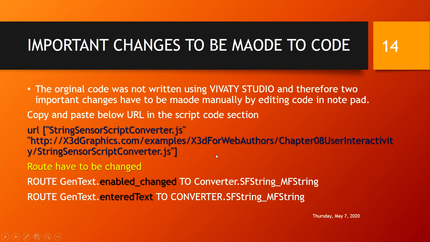So open the code in the notepad, you export the code, then open the code in the notepad and copy this URL. And in the root, actually root will be like this. So root will create the code like this. Instead of that, we want enable underscore change to be enter text.